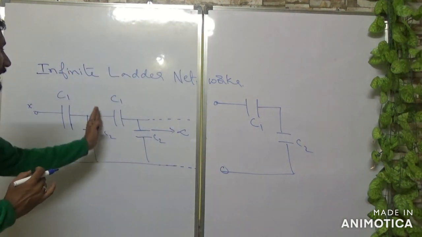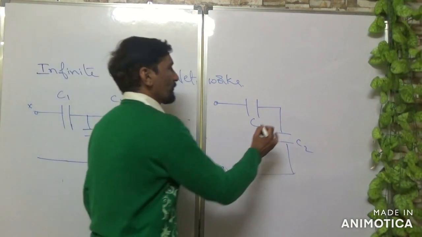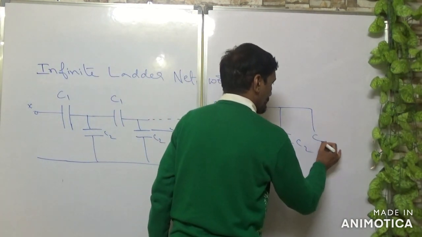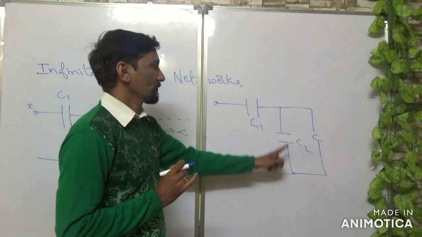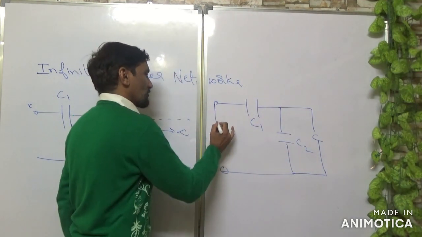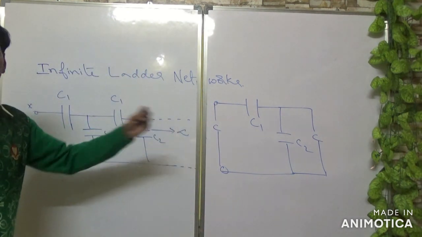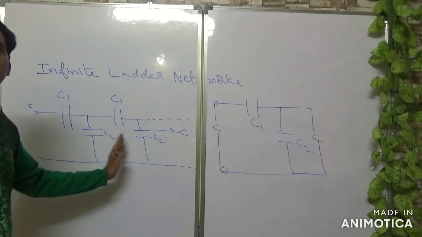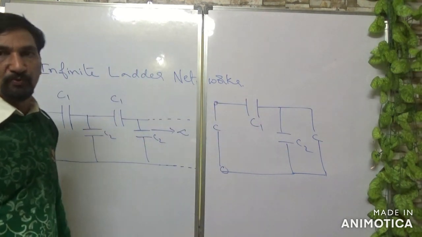Whenever the same capacitors are repeated, the endpoints of this you take as the equivalent capacitance. See, over here also equivalent capacitance. So this is the modified circuit. Whenever you are given an infinite ladder network, you modify it in this way.